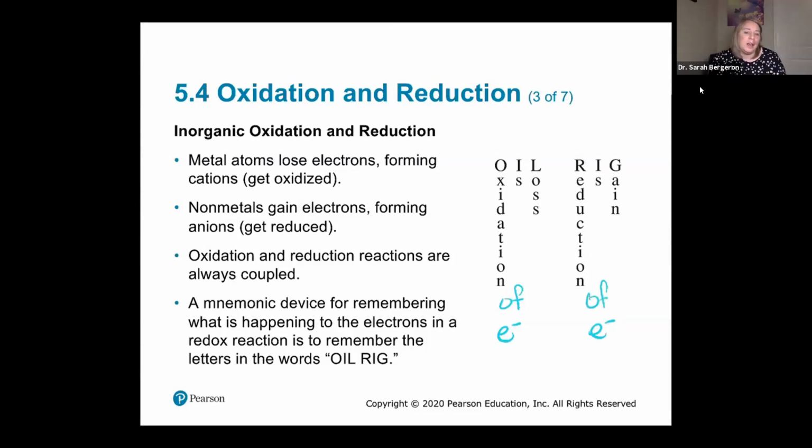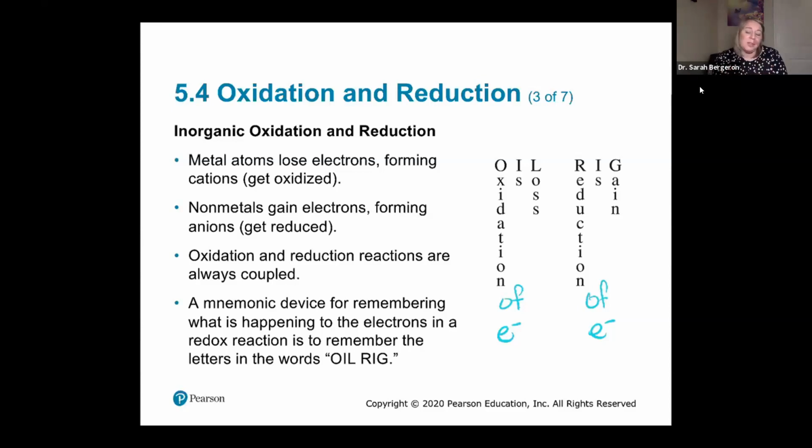So if you look in general, metal ions are going to tend to lose electrons and they're going to form cations. So they are the species that are going to become oxidized. Just by knowing that metal atoms are going to lose electrons, right? On the periodic table, those are the ones that end up with a plus charge. So we know that those are going to form cations. Therefore, they have to be oxidized.